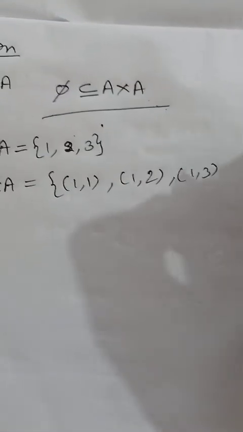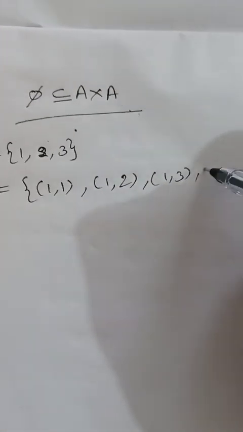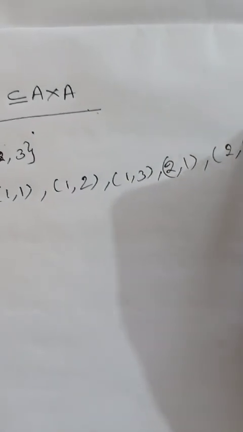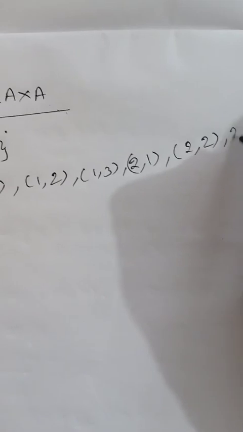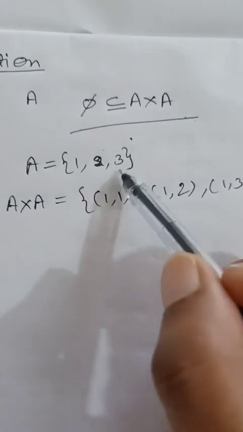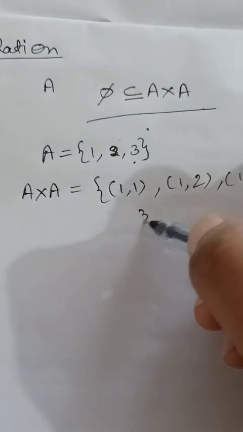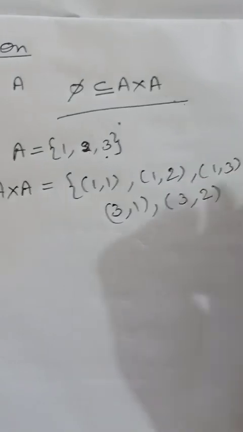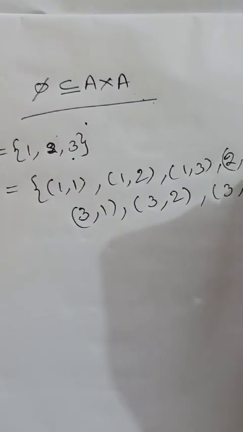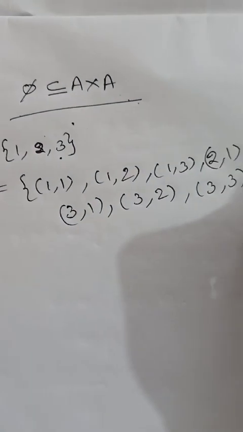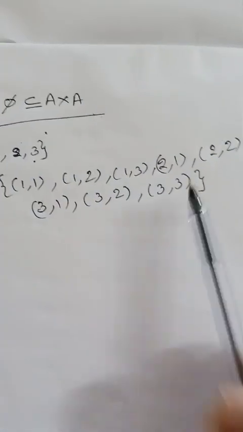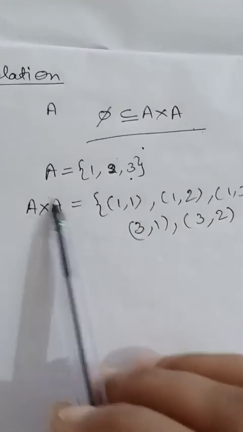Now 2 will be the cross product: (2,1), (2,2) and (2,3). And now the third, 3: (3,1), (3,2) and (3,3). ठीक है. This is the A cross A.